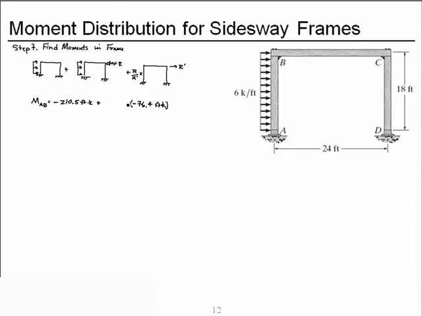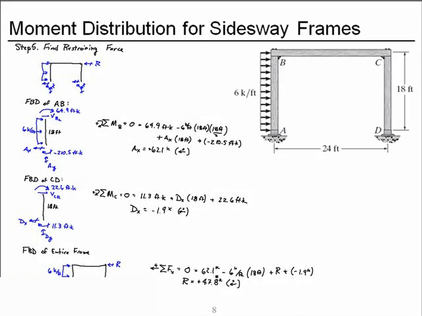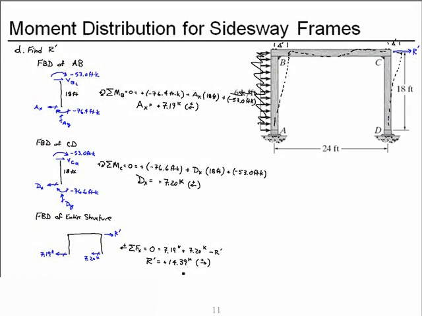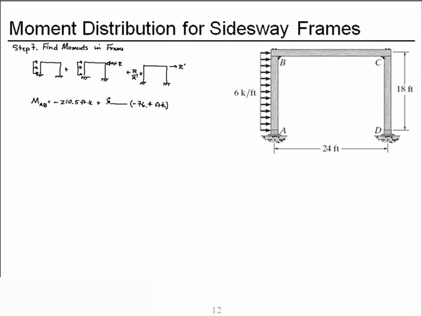We need to multiply it by a ratio. R we found to be 47.8 kips, and R prime we found to be 14.39 kips. We put those together and we get a moment of negative 464 foot kips, where clockwise is positive.